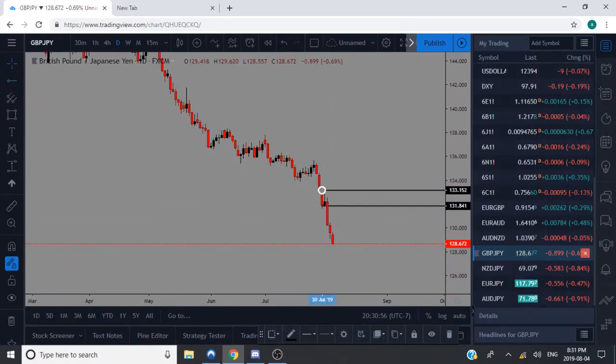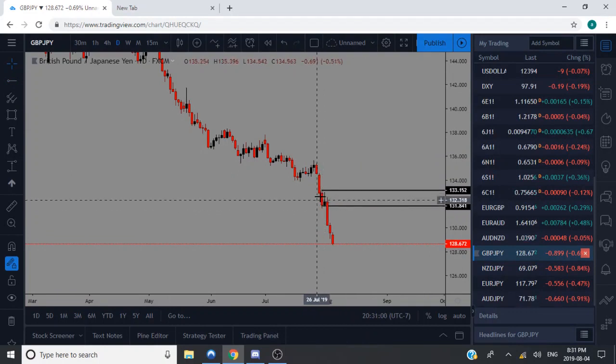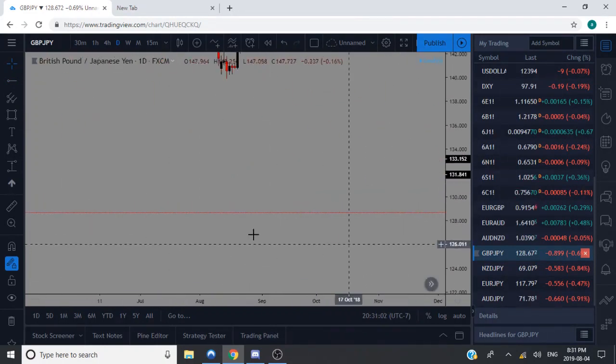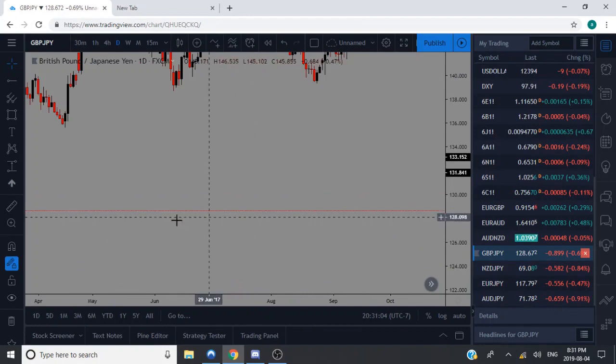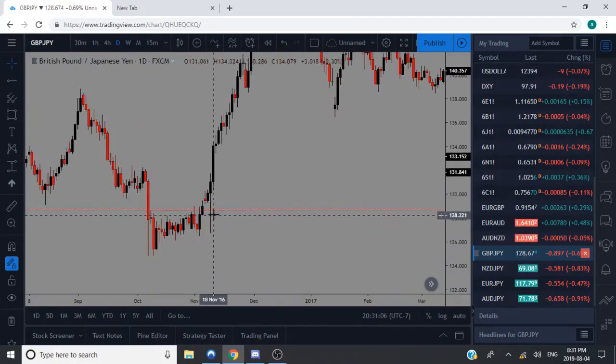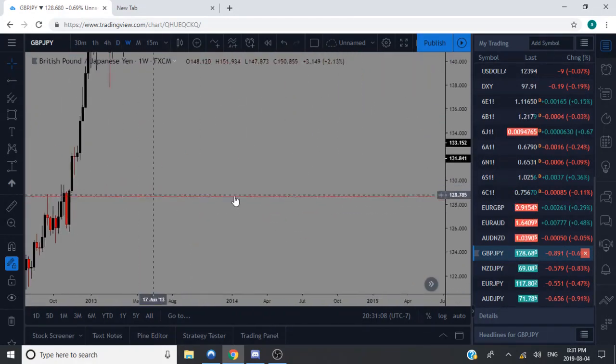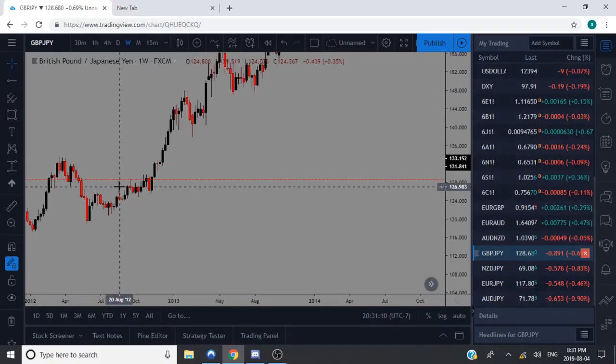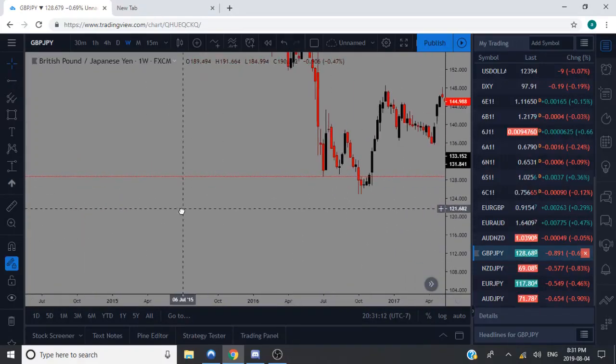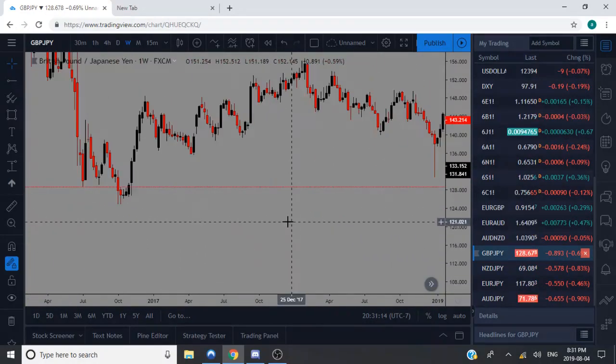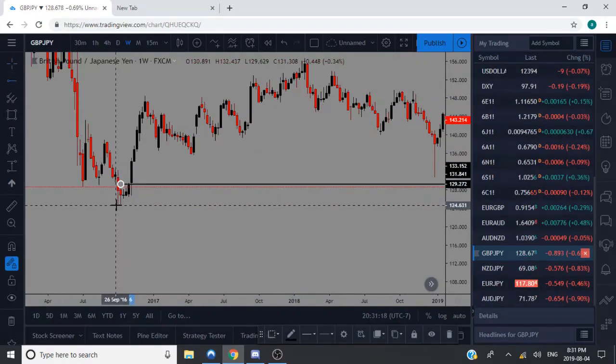Let's see. Daily, pound yen. Daily supply, we got daily supply right there. As for daily demand, we're clearly in that downtrend too, so trying to catch those pullbacks. But where are we on the weekly? We're in weekly demand right now. So not the best.